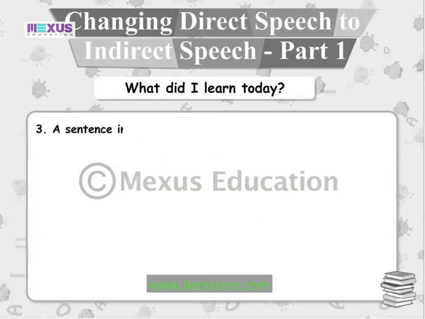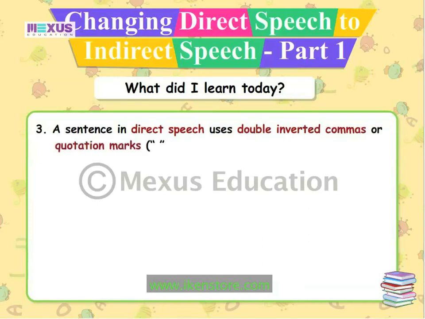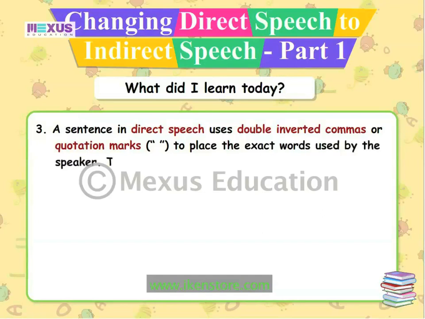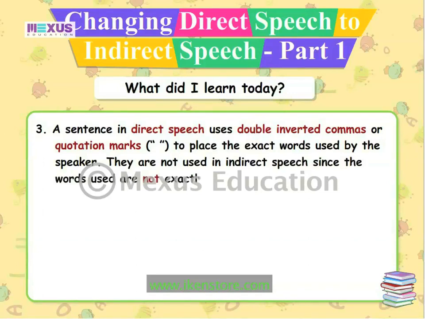A sentence in direct speech uses double inverted commas or quotation marks to place the exact words used by the speaker. They are not used in indirect speech since the words used are not exactly the same as used by the speaker.